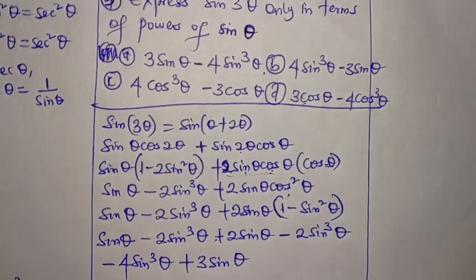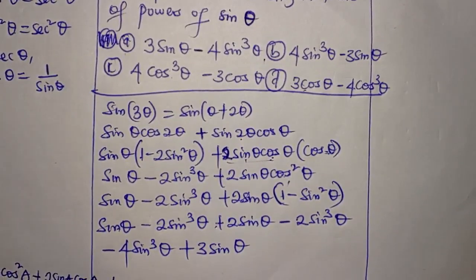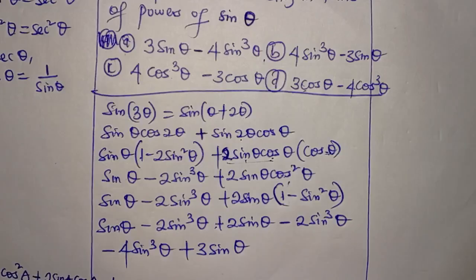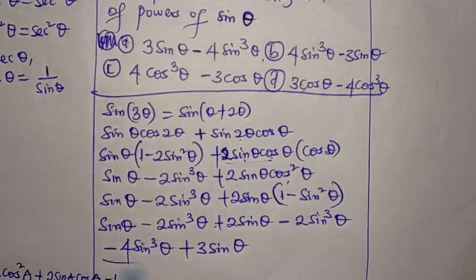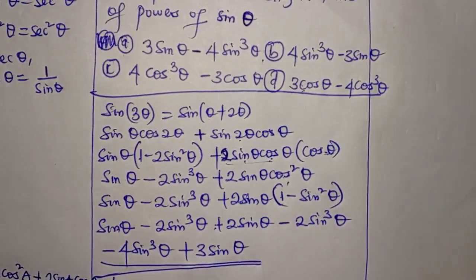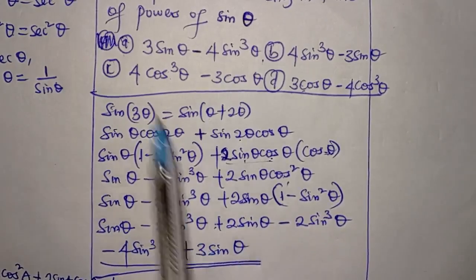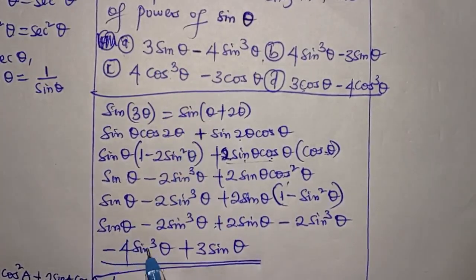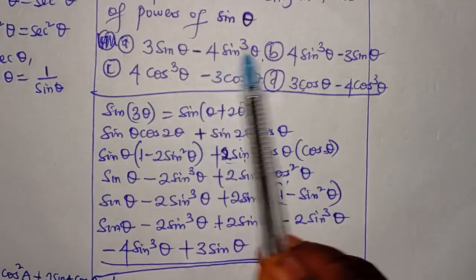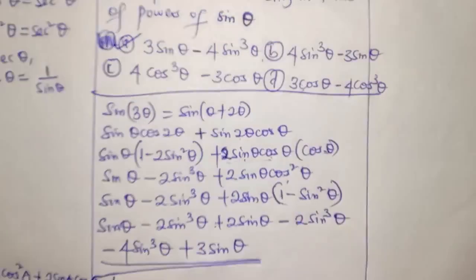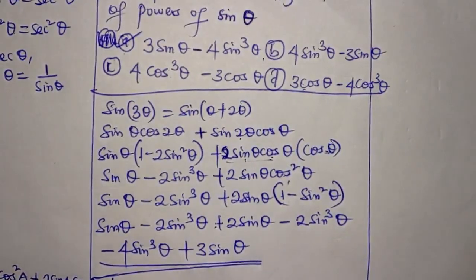You can see now that this expression is in terms of sine theta only, no cos. So which of these options will fit this solution? 3 sine theta minus 4 sine cube theta. Option A is correct. That's it.